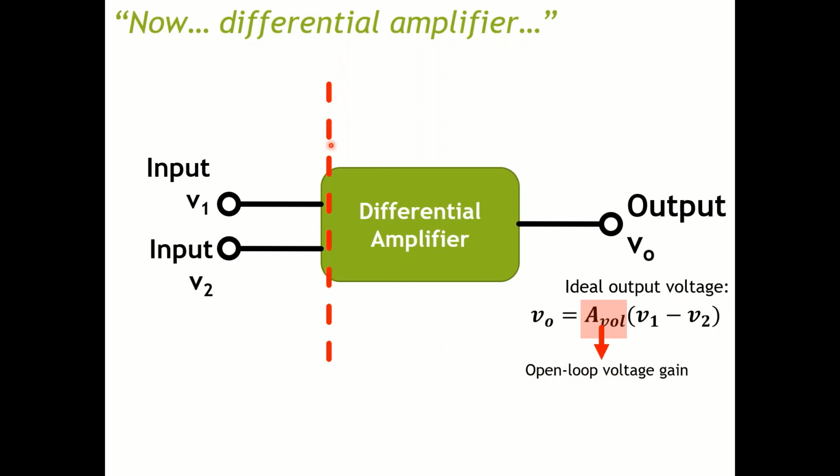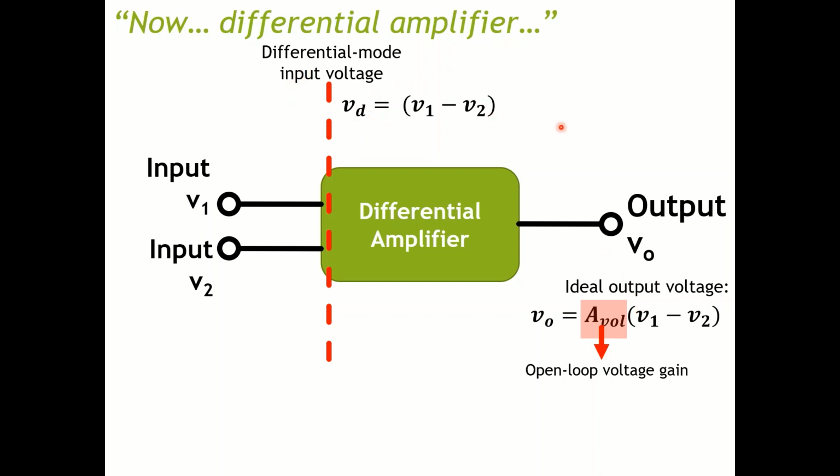If you now consider the input, we have a definition called differential mode input voltage, which is basically the difference between V1 and V2, so V1 minus V2. Your output will amplify that difference.